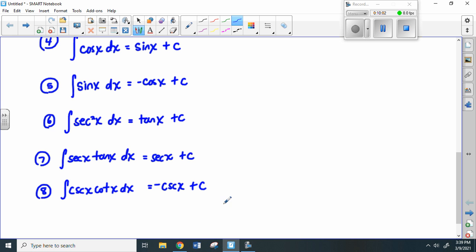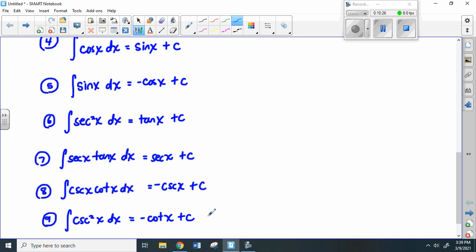And then, of course, you need plus c. And then what was the last one? I know how to take the derivative of cotangent. That gave me negative cosecant squared. So I should be able to start with cosecant squared when I'm integrating, and that will take me to negative cotangent of x plus c.